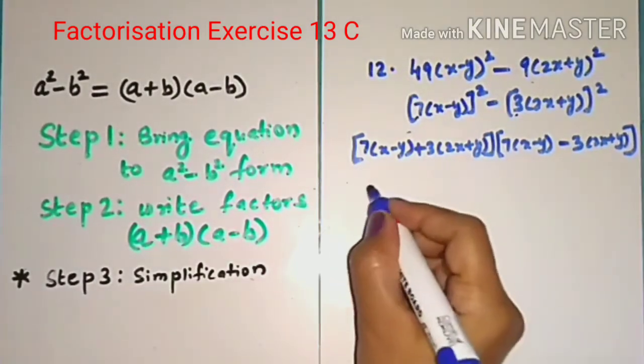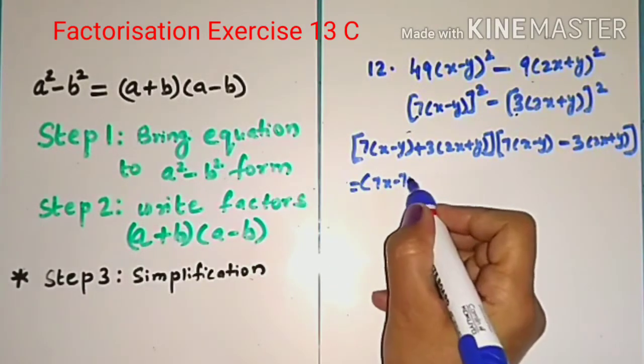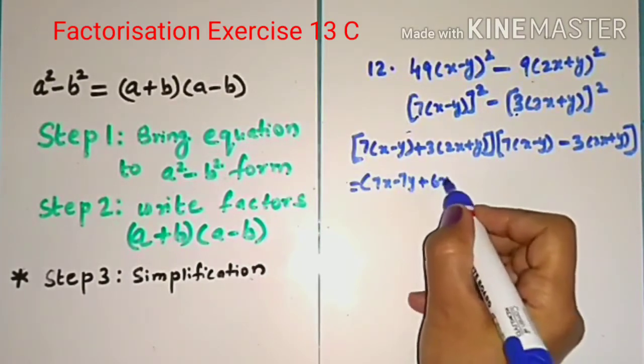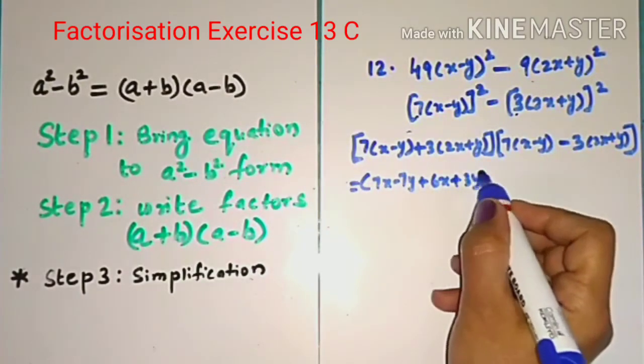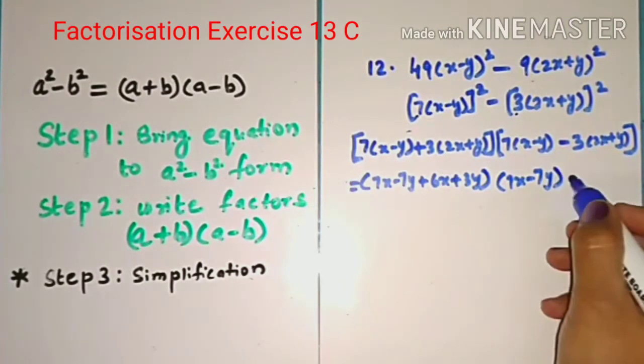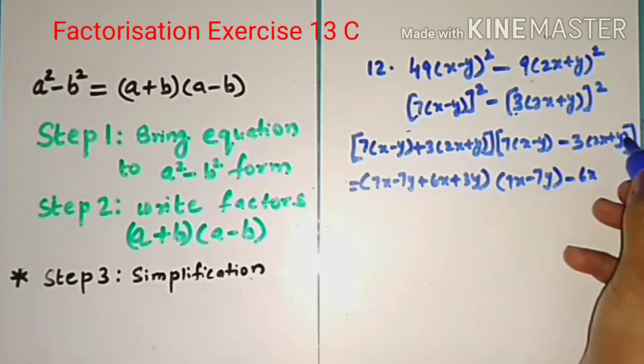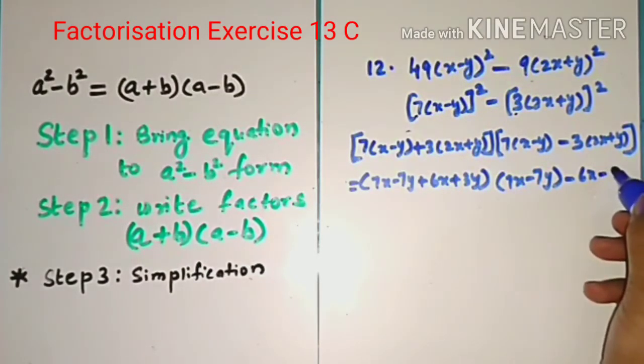Now we will simplify it. This will become 7x minus 7y plus 6x plus 3y. Here we have 7x minus 7y minus 6x, this minus 3 into y will become minus 3y.